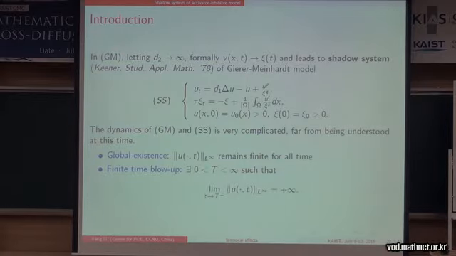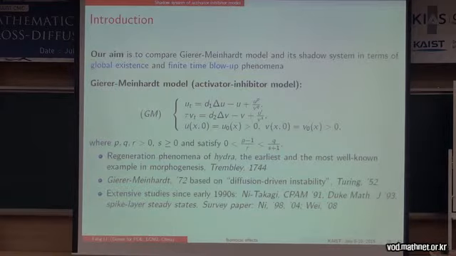In the Gierer-Meinhardt model, we let one of the diffusion rates, D2, go to infinity. Formally, I should say something more about this model. In this model, U is the activator, while V represents the inhibitor, and p, q, r are some parameters.